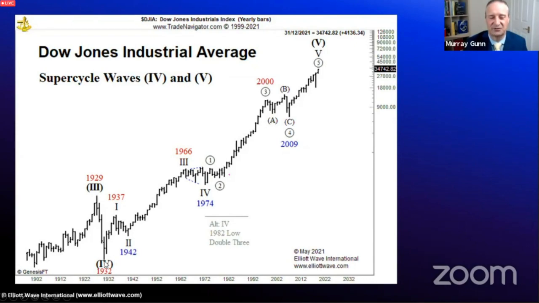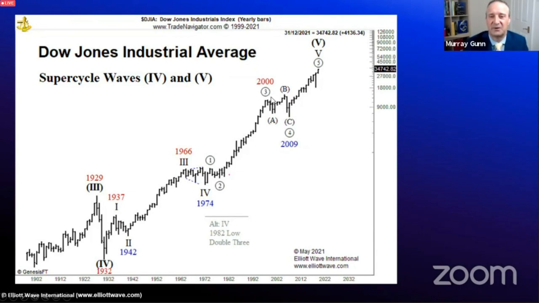So from the 1932 low, we have wave 1, which topped in 1937, wave 2 bottoming in 1942, wave 3 topping in 1966, and then a sideways movement for wave 4, which hit a low in 1974. All this bull market since the 1970s has been what we call cycle degree wave 5.